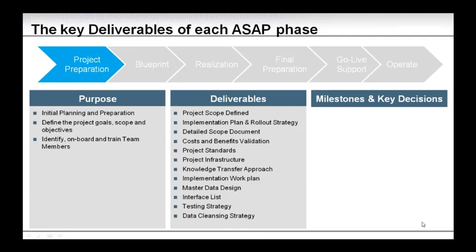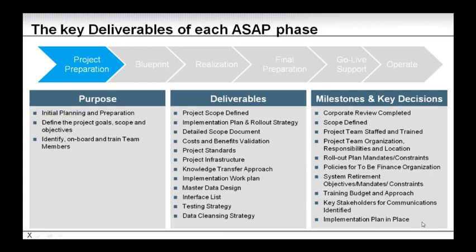Project standards, project infrastructure. This is for the project team to operate. Knowledge transfer approach. How do we get the teams trained to start and undertake this project? Implementation work plans for each track, for each member. Master data design, interface list, testing strategy, and data cleansing strategy. So it's mainly strategy work, scoping, and planning.